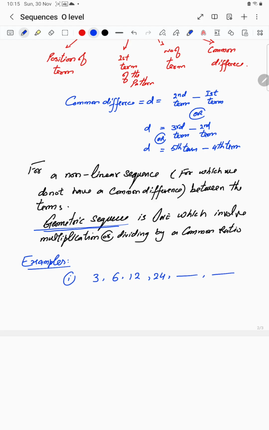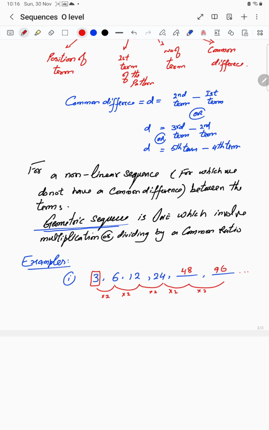But otherwise, if we multiply the first term, 3, with 2 to get 6, and then multiply 6 with 2 to get 12, multiply this with 2 to get 24, and next will be 24 times 2 is 48, and 48 times 2 is 96.